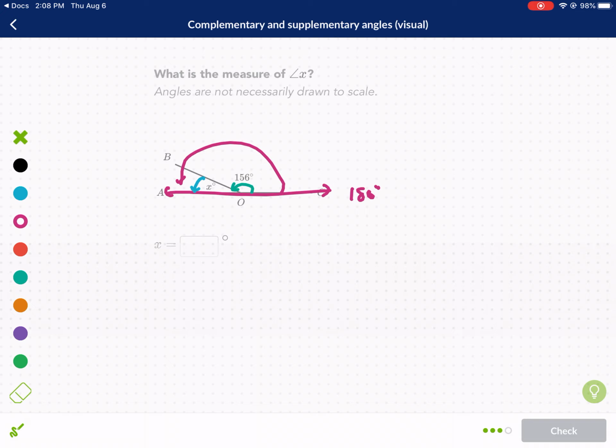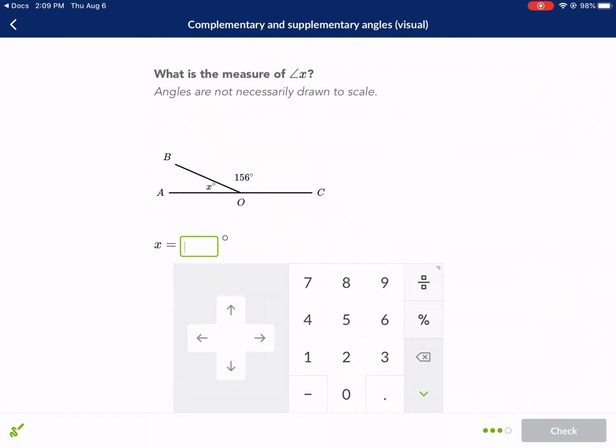Okay, so 180 equals 156 plus x. We subtract 156 from both sides to get the x by itself. And we get x equals, let's see, that's 24, I think. 24 degrees. 156 plus 24 equals 180, so we have x equals 24.